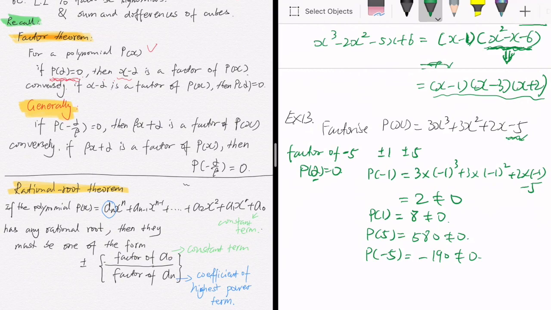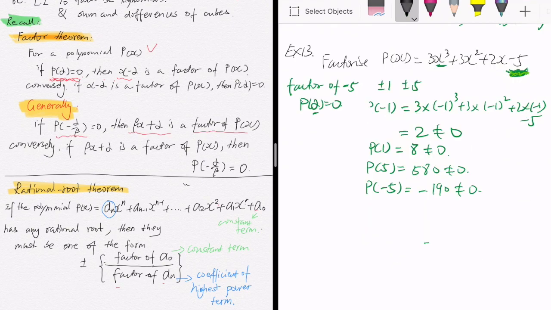Now, this is the time we need to use the rational root theorem. On the left hand side of my display, this definition for the rational root theorem is slightly different from the one that you got in the textbook. But that's all right. Just have a look at the one that I wrote and see whether you understand.